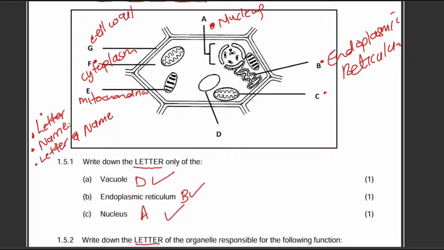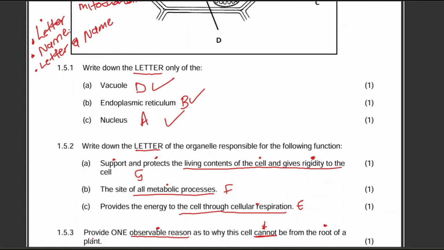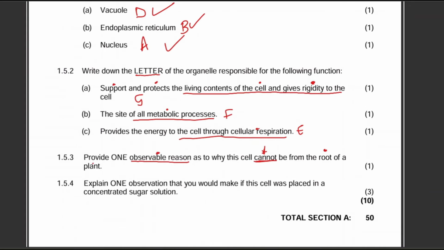I hope this makes sense. So the reason we can say this is definitely a cell not from the root of a plant is because this one contains chloroplast.